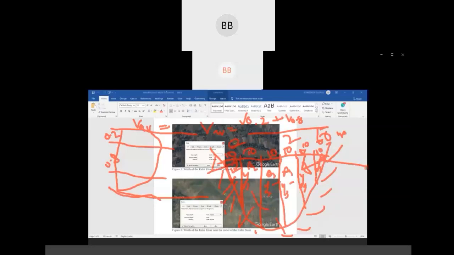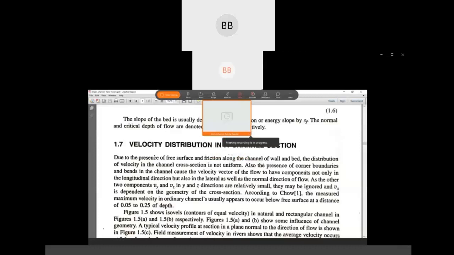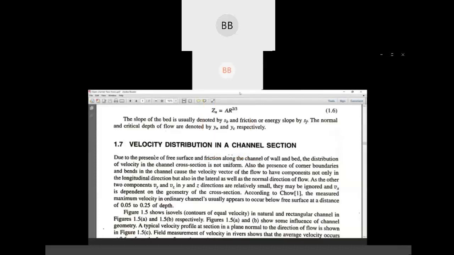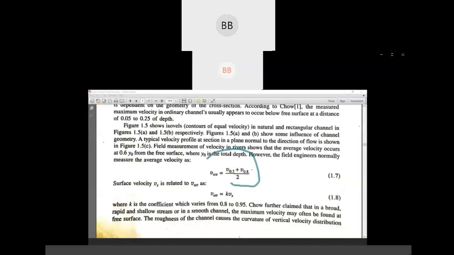As your velocity is not constant for a particular section, it's varying when you move from the bottom of the channel to the surface of the channel, and it is also varying when you move from left to right or right to left. So to find out the average velocity, this is the equation we are going to use.